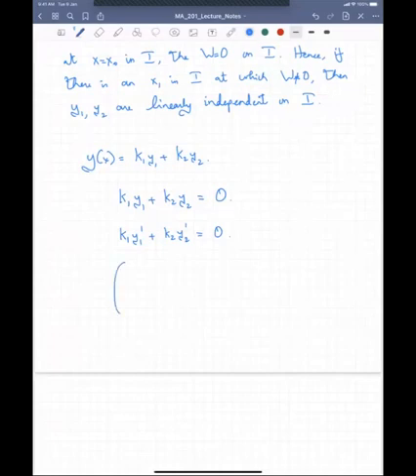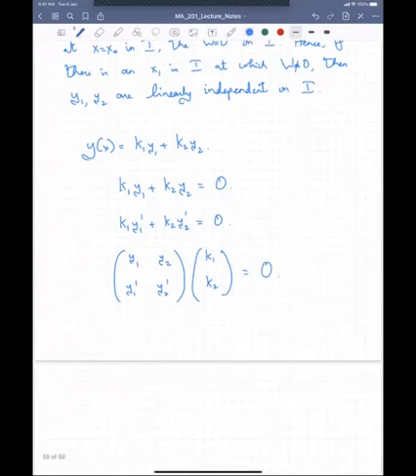I will write this as y1, y2, y1 prime, y2 prime, acting on k1, k2 equals 0. A 2 by 2 matrix acting on a column vector with entries k1 and k2 is equal to 0. This is my matrix equation. And the question is, is there a non-zero column matrix such that this equation is valid?